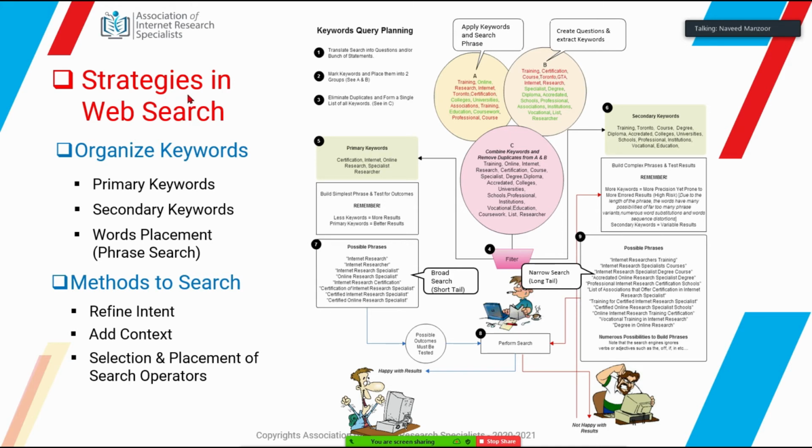Now, look at another strategy, while you're creating your search queries and planning your search phrases or the terms that you want to use. Here is a process or method separate from what we talked about in terms of identifying primary keywords and secondary keywords.